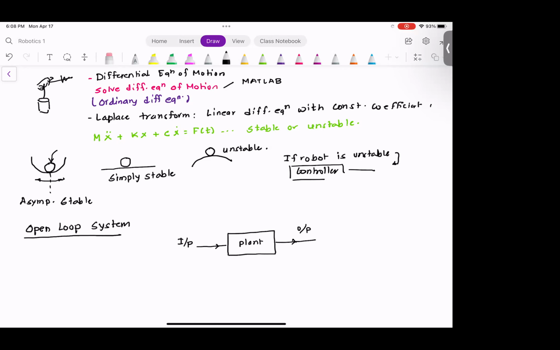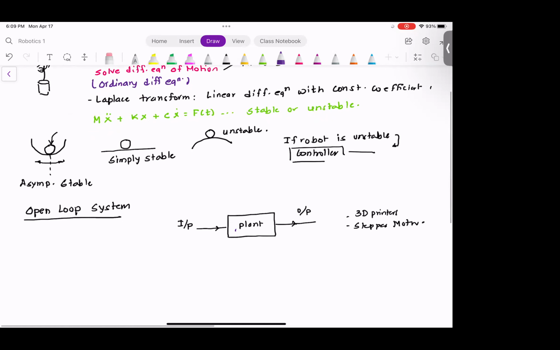A simple example is the 3D printers. They have something called a stepper motor. You provide an input to the stepper motor and the stepper motor moves. So in the case of an open loop system, you have an input. That input is acted upon by the plant and the output comes out of the plant.